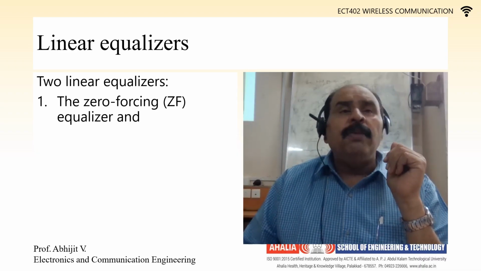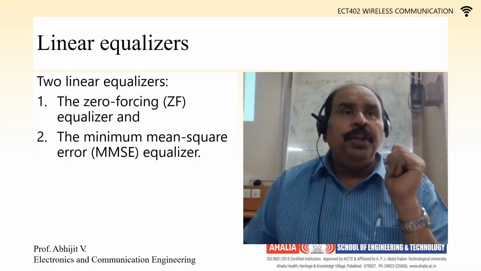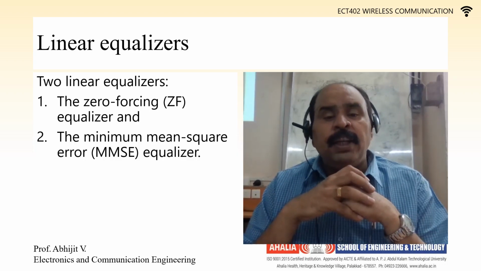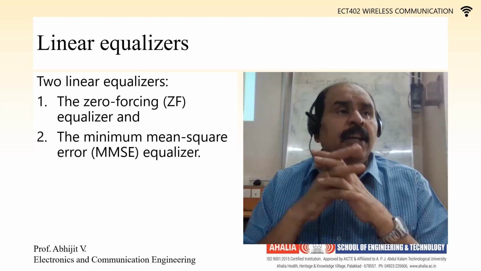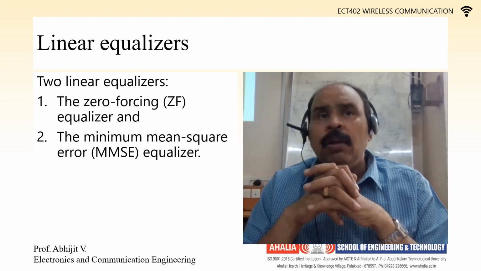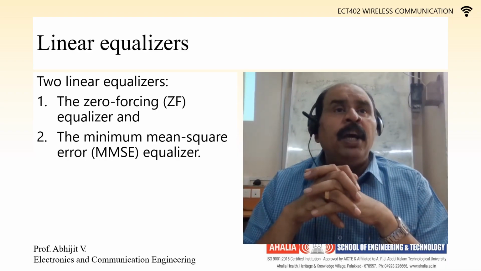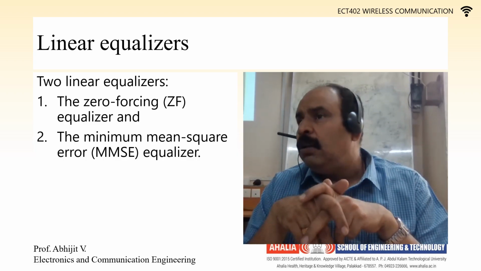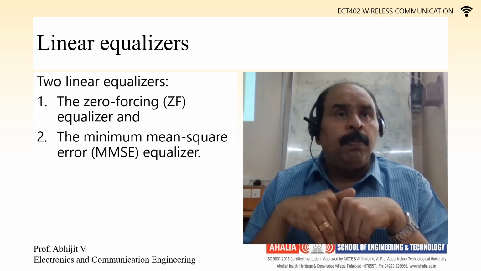So the two types of linear equalizers mentioned in your syllabus are, the first one is zero forcing and the other one is MMSE, the minimum mean square error equalizer. These are the two types of linear equalizers. We are going to study their design. You may be asked problems.